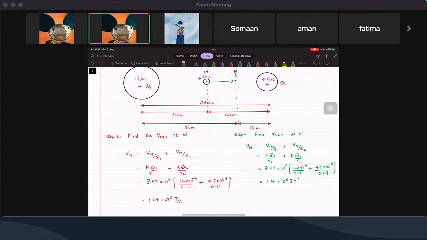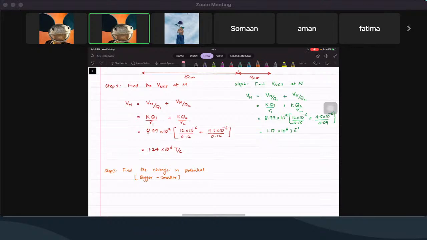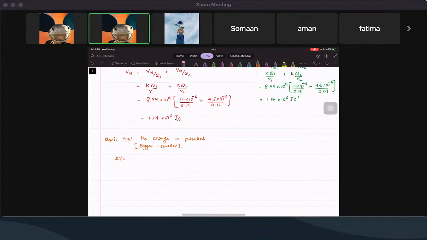So when you have the potential of both sides, in step 3, with a different color, step 3 would be find the change in potential. When you're finding the change in potential, always remember, because potential is a scalar quantity, you always need to do bigger minus the smaller value. That's the way to deal with scalars. The bigger value amongst these is at M, right?